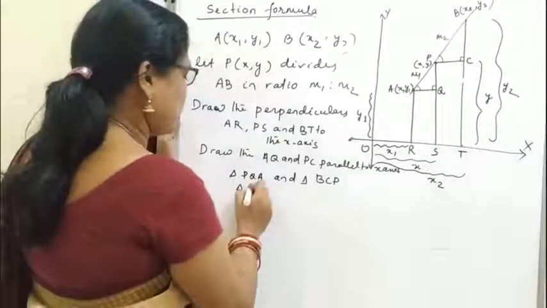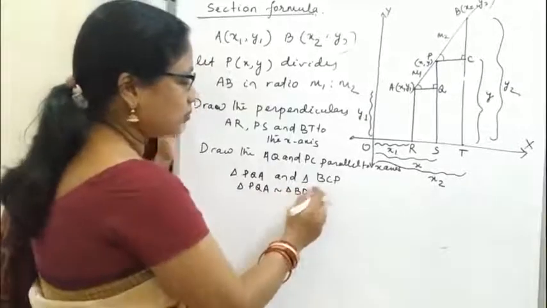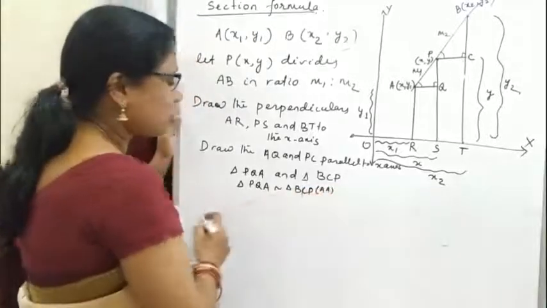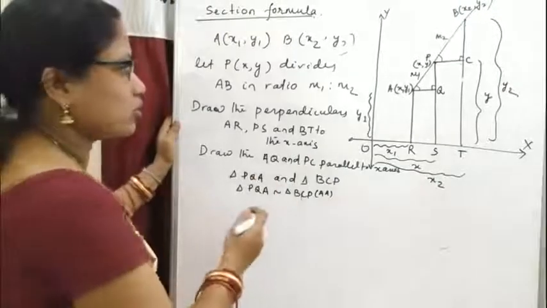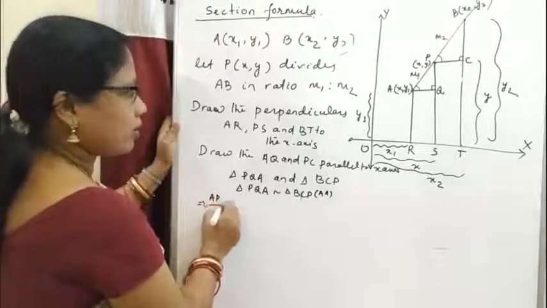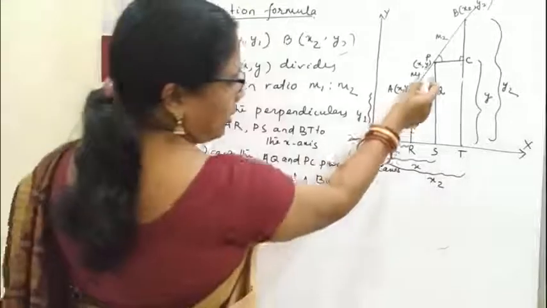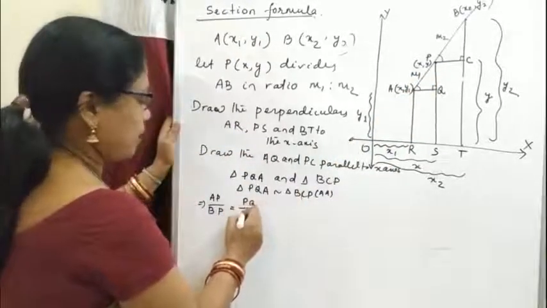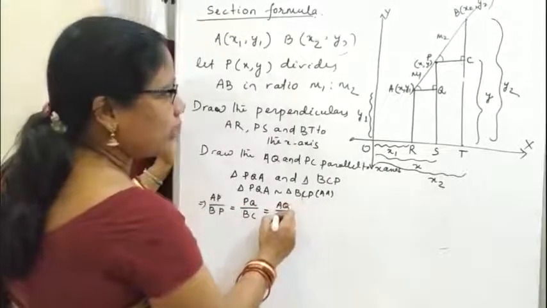Triangle PQA is similar to triangle BCP by angle similarity. If two triangles are similar, then their corresponding sides are in the same ratio. That means AP by BP is equal to PQ by BC is equal to AQ by PC.